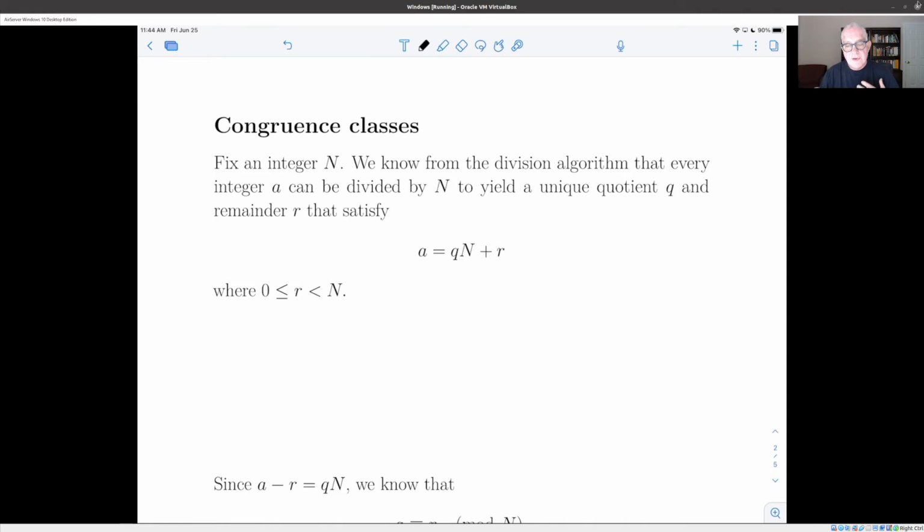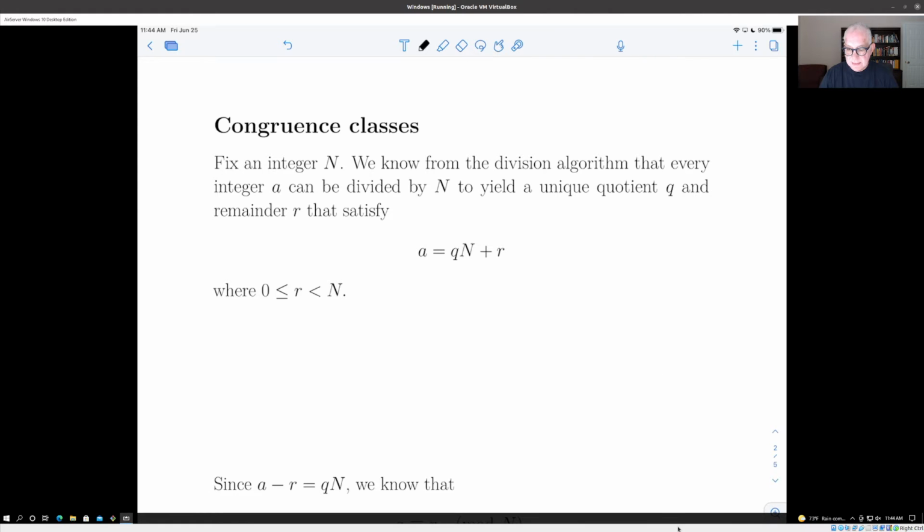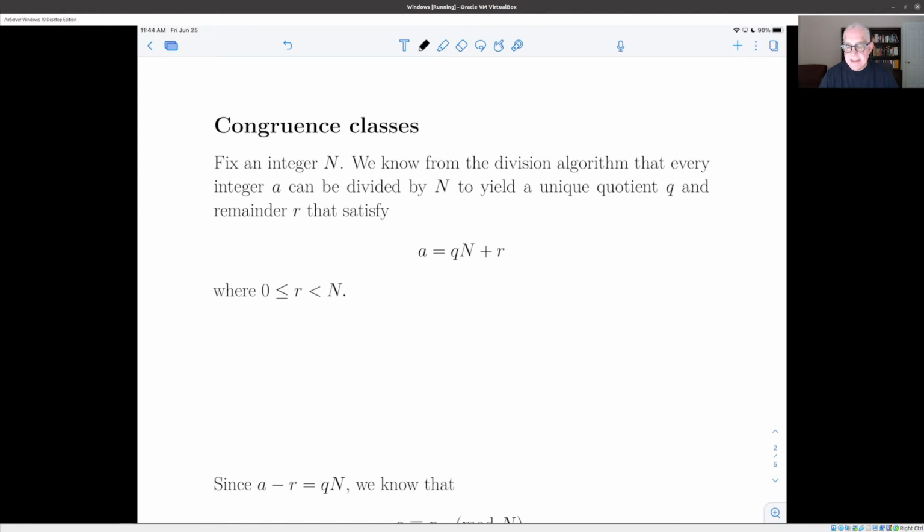Now, if you have an equivalence relation, you can divide a set up into equivalence classes. And in order to see how that's going to work out, let's first start by remembering the division algorithm.